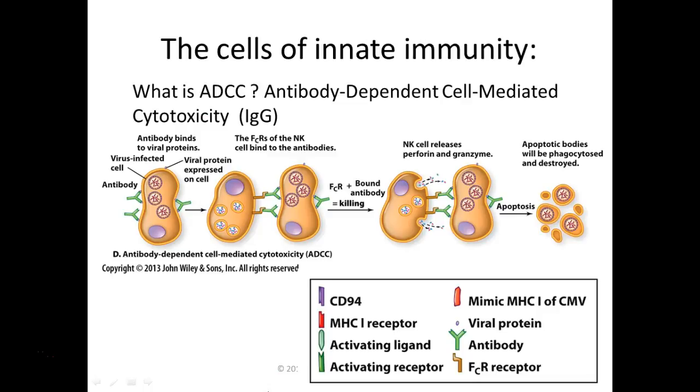So we kill cells because of the antibody that the natural killer cell is recognizing. So again, not specific for the natural killer cell. The natural killer cell just says, oh, IgG coating a cell. I must kill that cell. It's the antibody, though, that specifically recognizes what virus that cell is infected with.